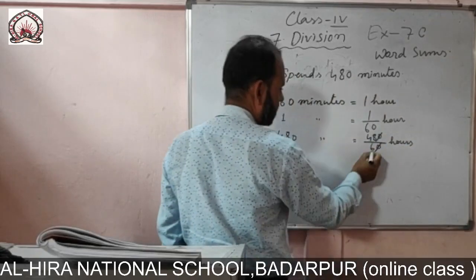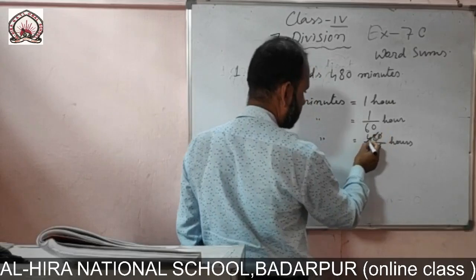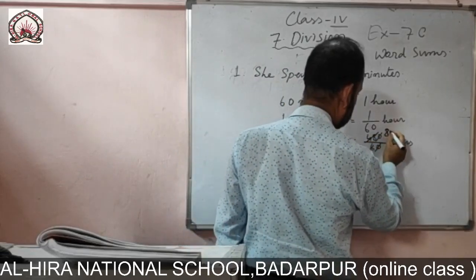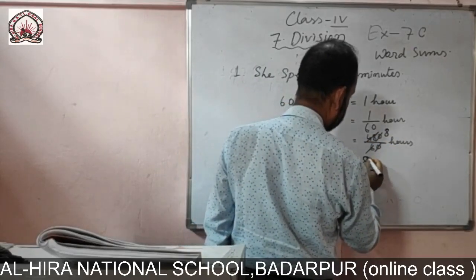We cut the zeros. 6 ones are 6 and 6 eights are 48. So answer is 8 hours.